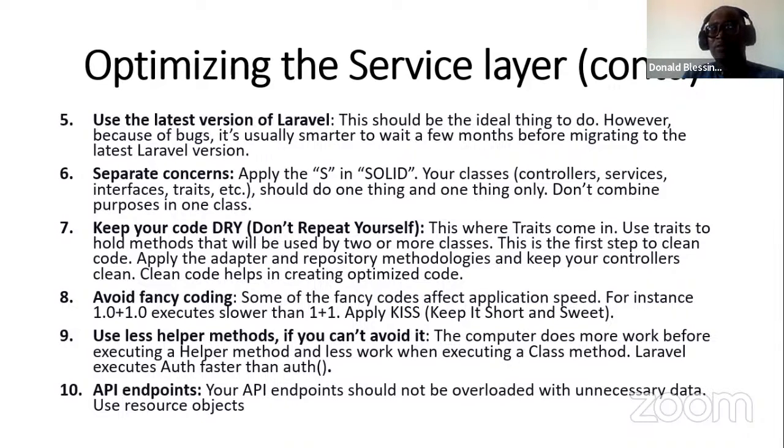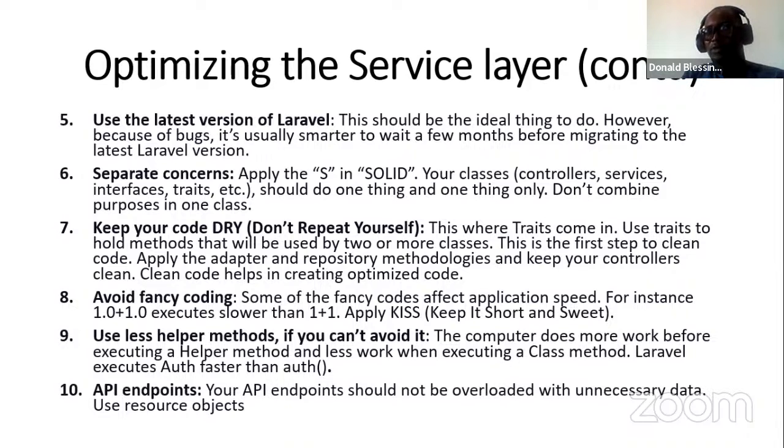I give an instance here. 1.0 plus 1.0 executes slower than 1 plus 1. But because computers are faster these days, we don't notice this difference in speed. We should apply KISS to our coding. Keep it short and sweet. Yeah, I understand that fancy coding makes us look like rock stars. You know, you put up the facade of a professional. But I think a functional code is better than a fancy code.